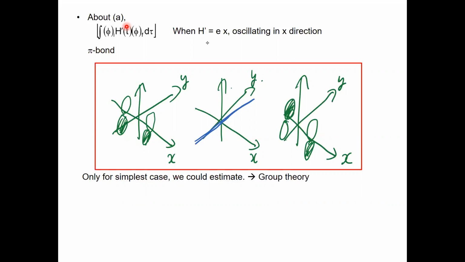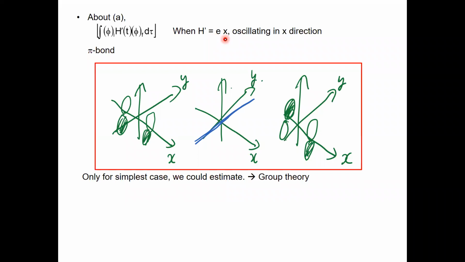In this case, I will show one of the Hamiltonians explicitly, which is e times x, meaning the light has a polarization in the x direction. So it's simply the elementary charge times x.